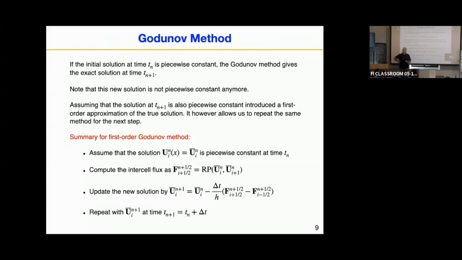Sorry, what does it mean to be piecewise constant? So it means that if I plot my little volume element, these are my cells. That's the left boundary of the box. That's the right boundary. Your solution, for example, the density, is like that.